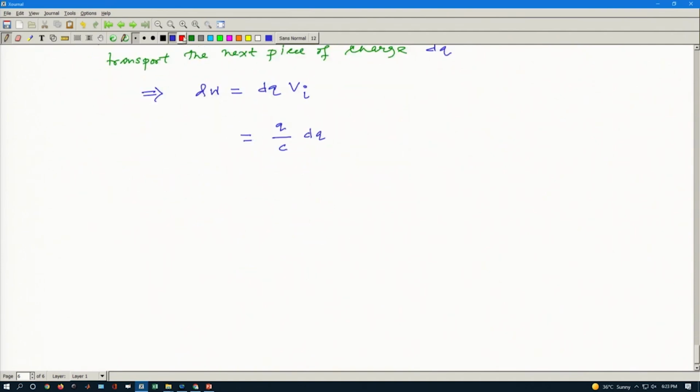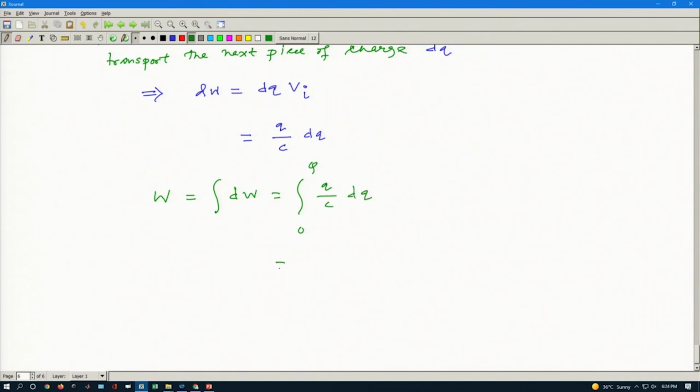So, now we are in a position to calculate the total work done to bring all the charges. So, W is the integration of dW, which is simply the integral from 0 to the total charge of q divided by C dq.